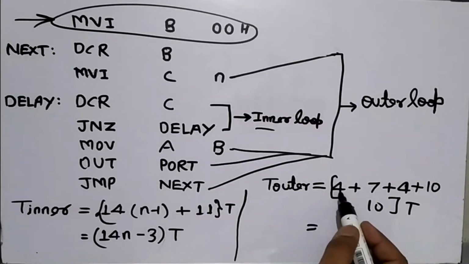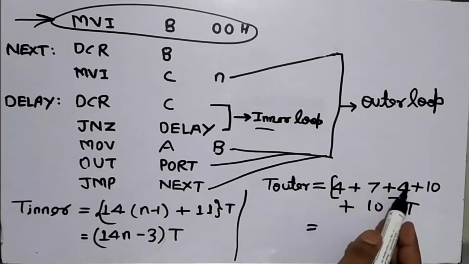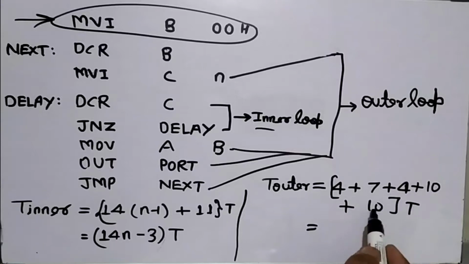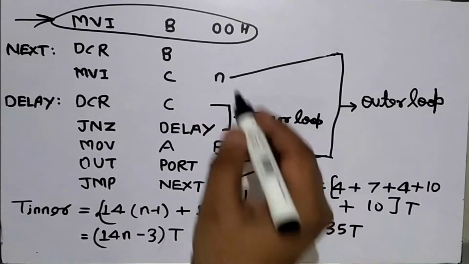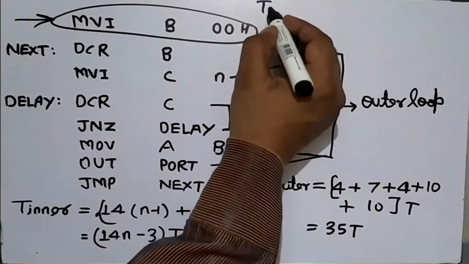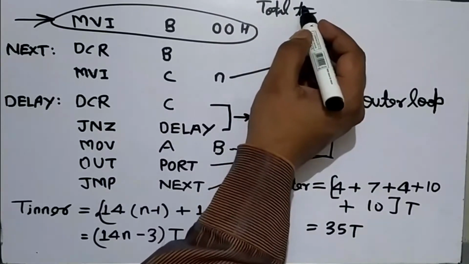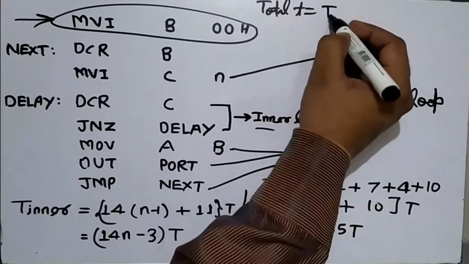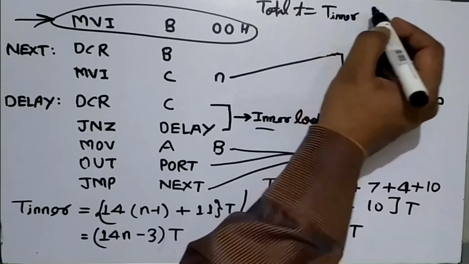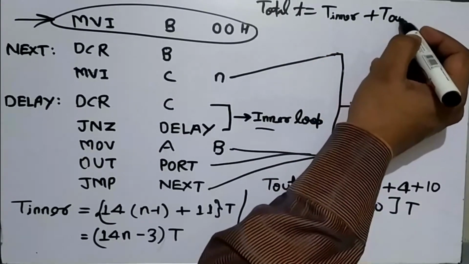This will come out as 4 plus 7 is 11, 15, plus 10 is 25, plus 10 is 35T. Okay, this is the T outer. What will be the total T? Total T will be equal to T inner plus T outer.